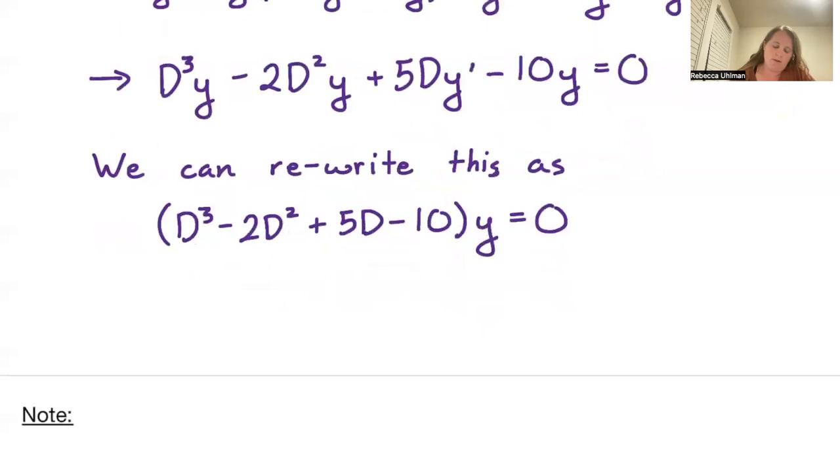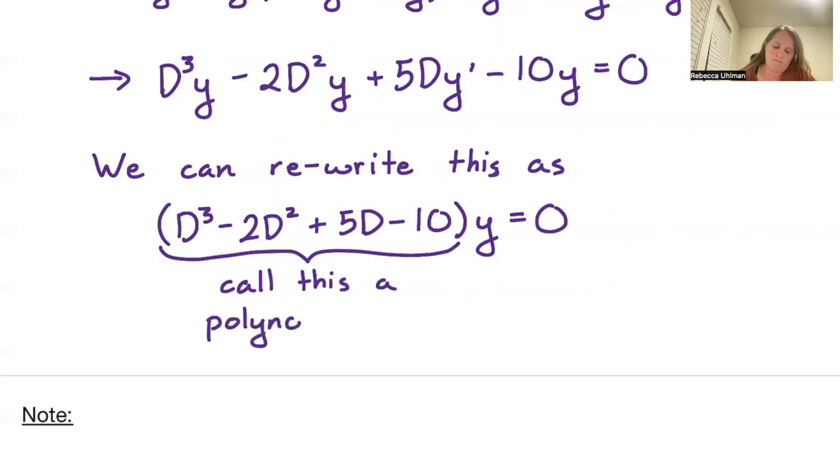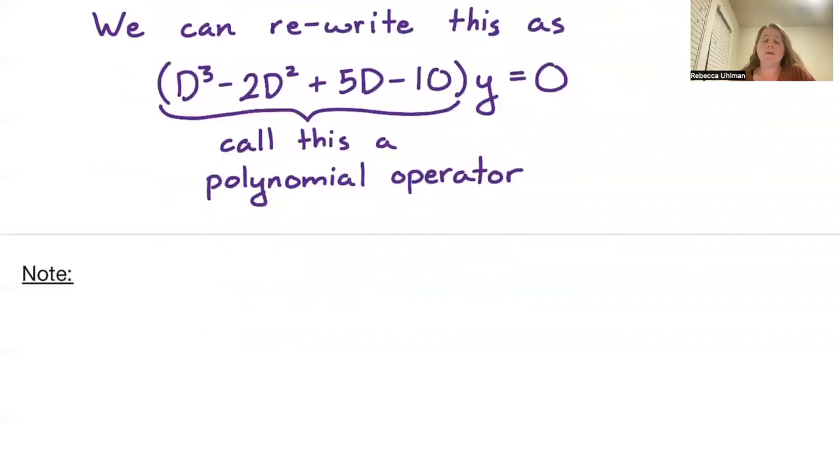We call this D cubed minus 2D squared plus 5D minus 10 a polynomial operator. Now, just like we can factor polynomials, we can factor polynomial operators.